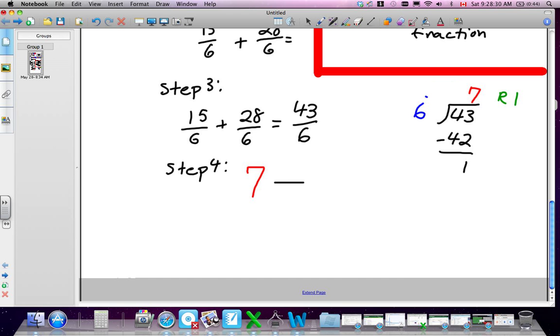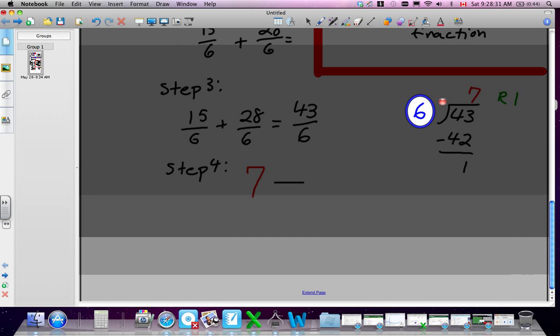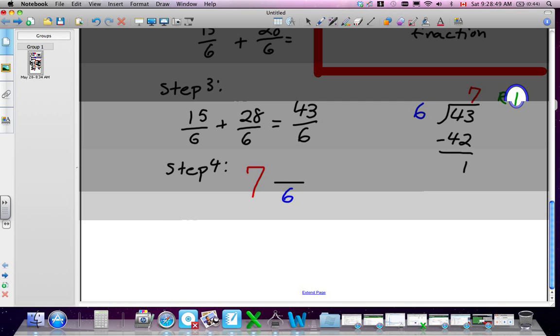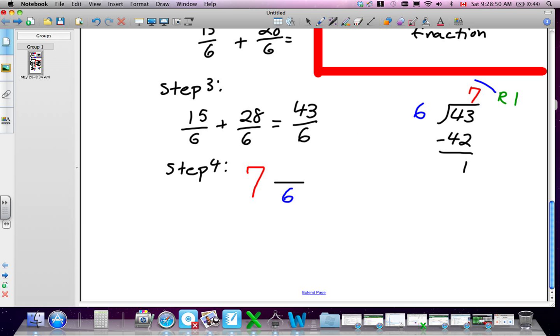Yeah, it's still going to be 6, right? So this goes to the bottom of the fraction. Put our 6 down here. And finally, what is going to be our numerator on this fraction? 1. 1, yes. Our remainder 1 is important because it's the new numerator. It's going to go to the top of the fraction.